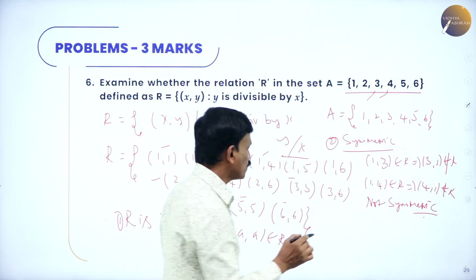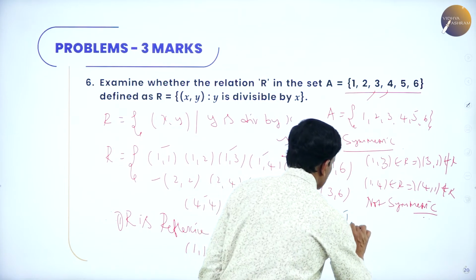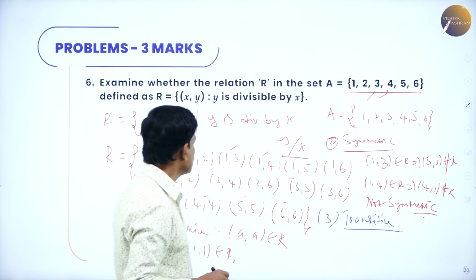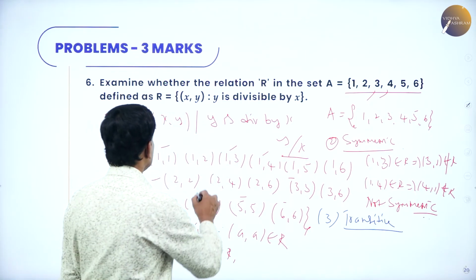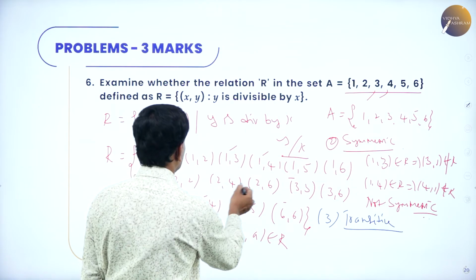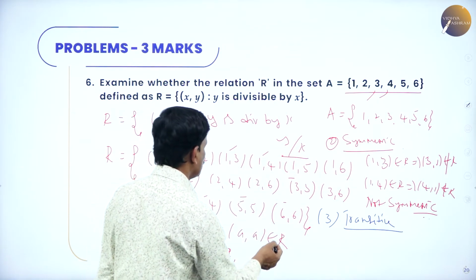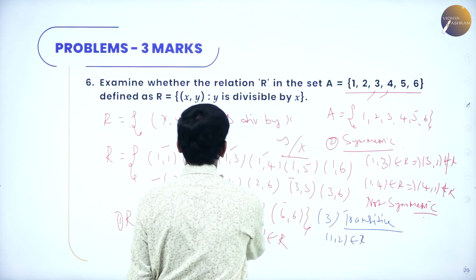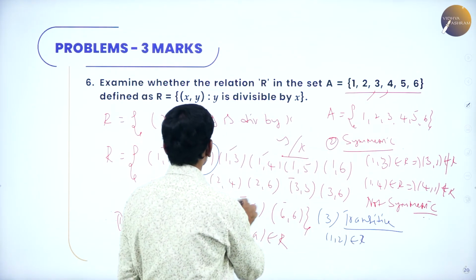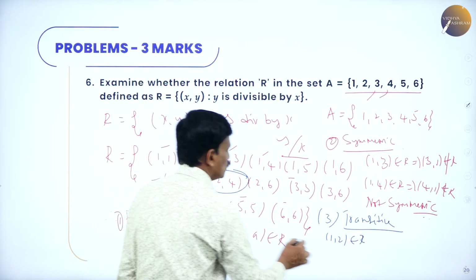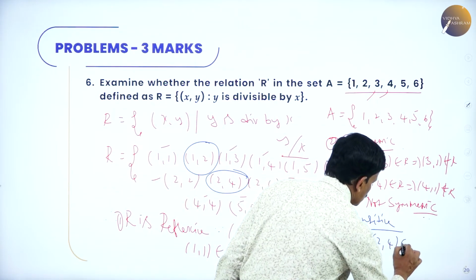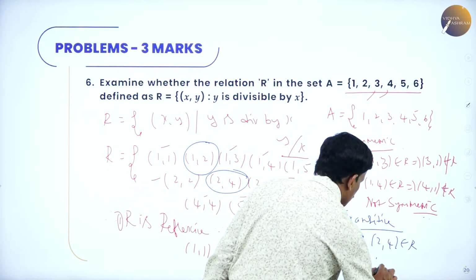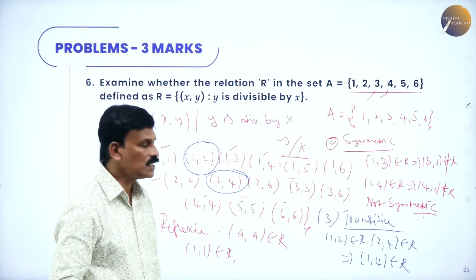Now verify the third property, the transitive property. Let us take any elements. (1,2) belongs to R and (2,4) belongs to R implies (1,4) also belongs to R. So hence it is transitive.